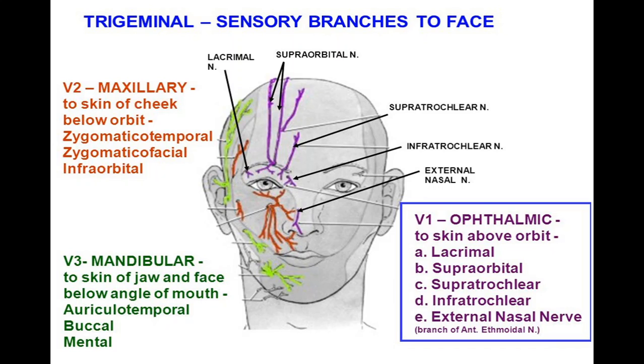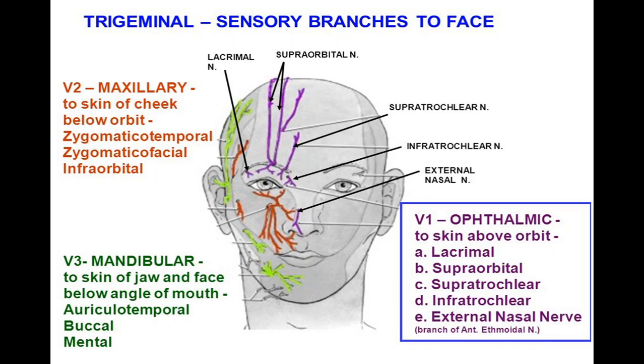So from where do these nerves carry the sensory impulses? I repeat, from the face, the anterior part of the scalp, the nose, the nasal cavity, the orbital structures except the retina, then the mouth, the gums, the teeth, the anterior two-thirds of the tongue, and the temporomandibular joint.